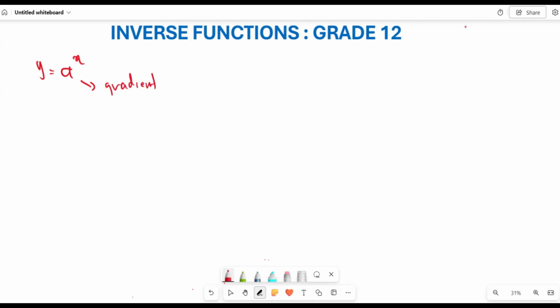So for example, let's say when your a is greater than 1, this is a graph that will be moving almost this way, right?